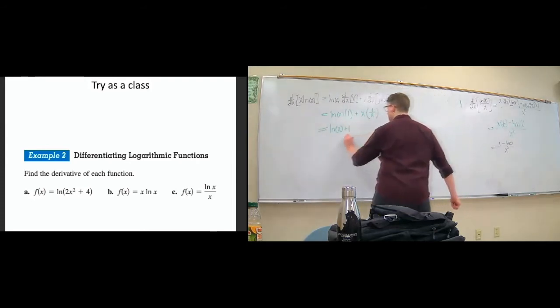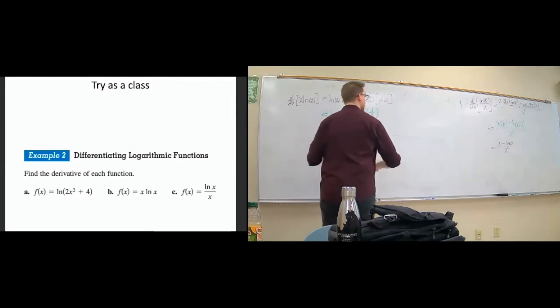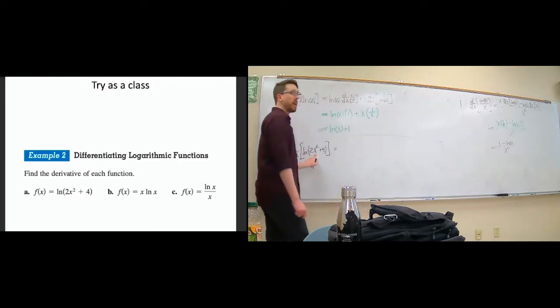For A, we're going to have d/dx of the ln of 2x squared plus 4 is equal to, first you're going to have 1/u, right?